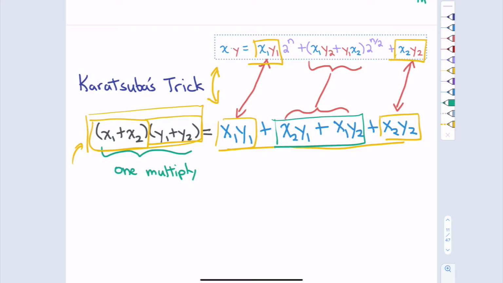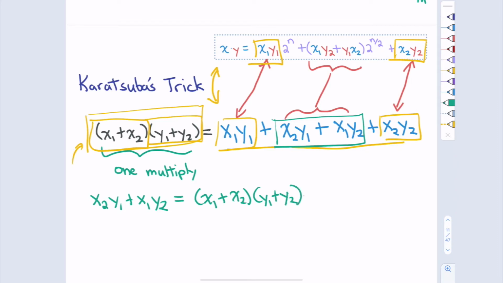So we can rewrite x2, y1 plus x1, y2 is equal to x1 plus x2, y1 plus y2, minus x1, y1 minus x2, y2.